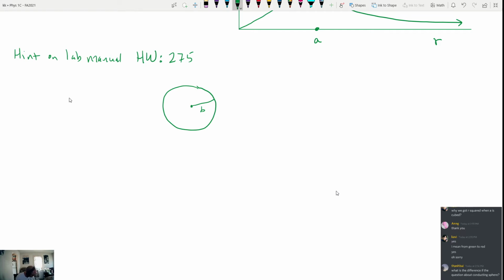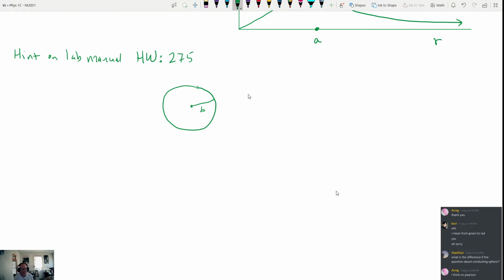Where is the spherical problem? Did I not give you one with a sphere? I'm losing my mind. Maybe it's not on your homework. Maybe it's on Pearson, right? Is that what it is, on Pearson?